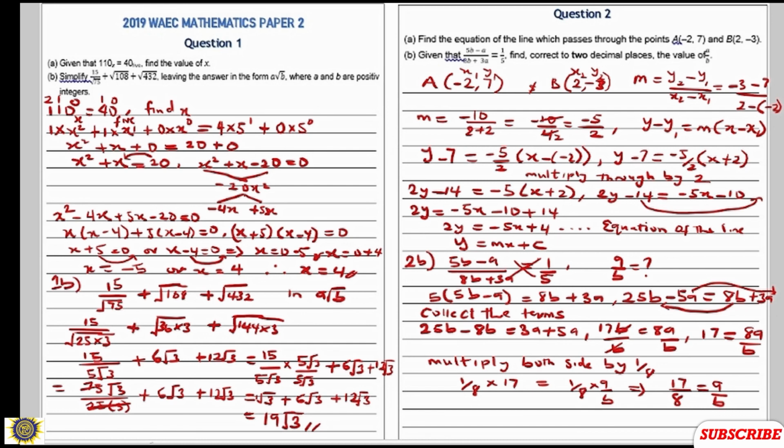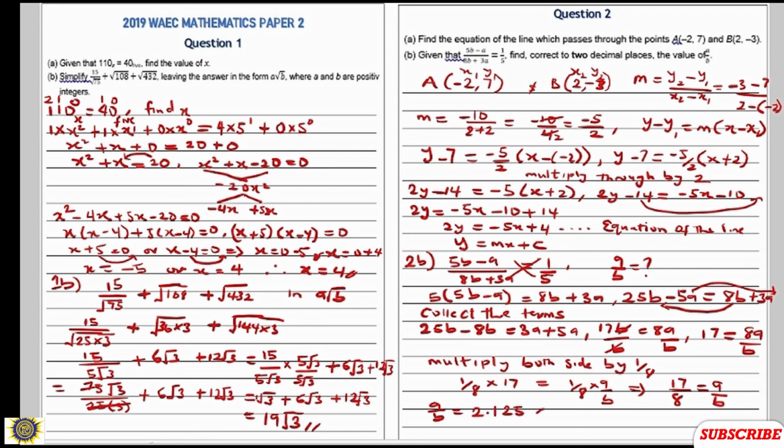So 17 over 8 is going to be 2.125. So we have a over b is equal to 2.125.